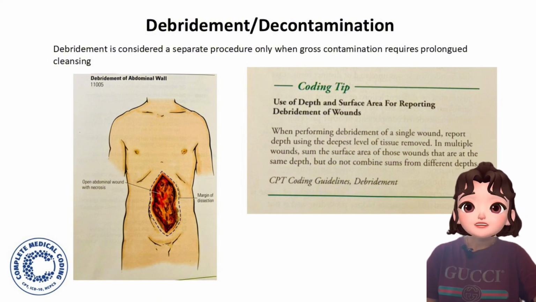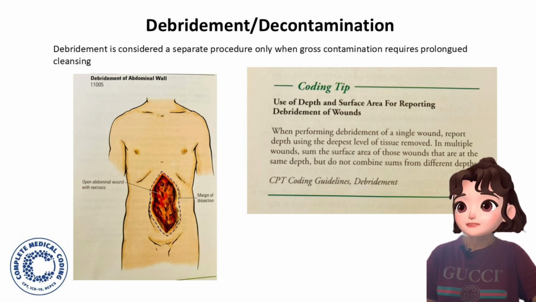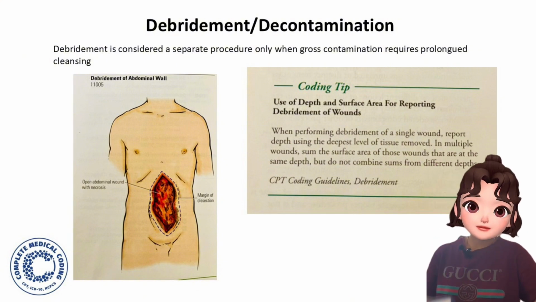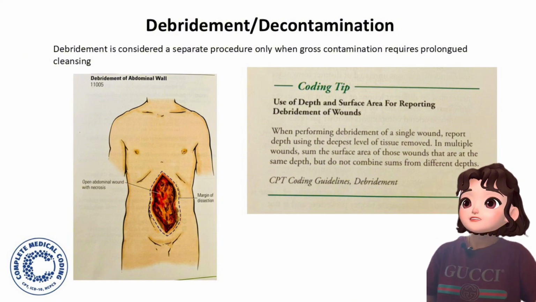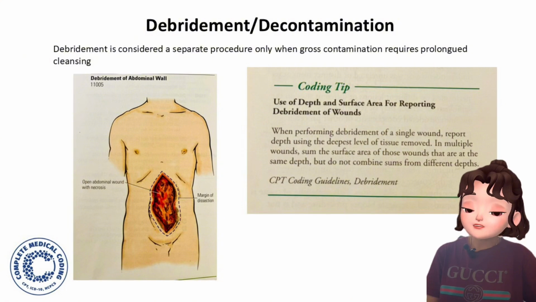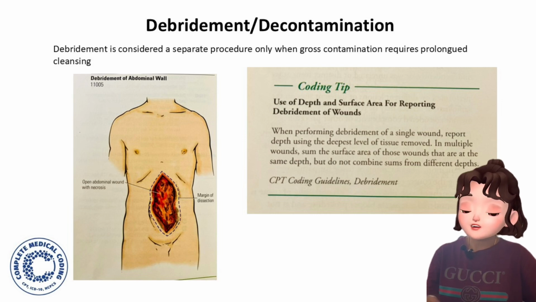Use of depth. While we do coding for the debridement, you have to always look for the depth of the wound, how the depth of the wound is calculated. So use of depth and surface area for reporting debridement of wounds. Wound debridements are always reported by depth of the tissue removed.